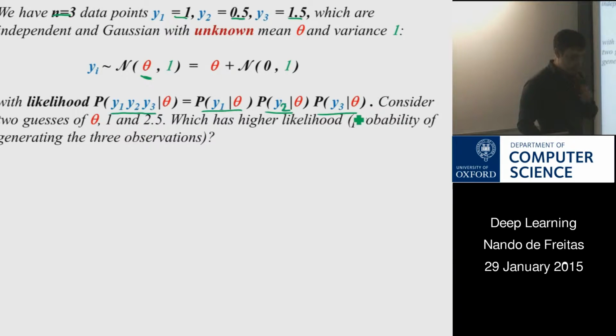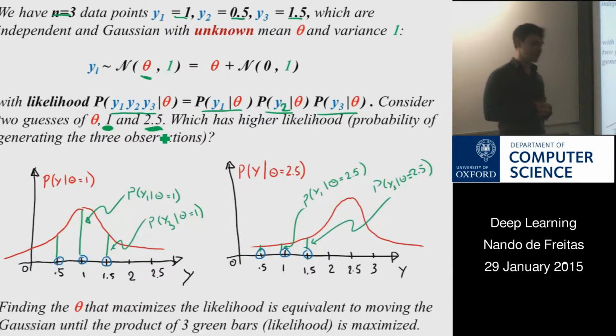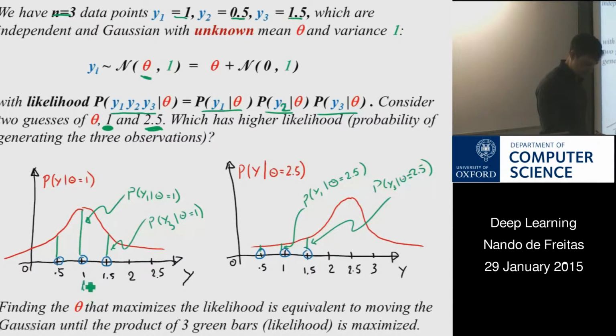And so now let's assume that I tell you there are 2 possible values that theta could have, 2.5 or 1. And then the question is, which one do you think it's more likely to be? Which theta do you think is more likely to be the one that generated the data? Any guesses? 1. Yeah, if you just eyeball the data, 1 seems to be more obvious. The formal way to do this is, if you guess that theta is 1, you would plot a Gaussian that has mean 1 and variance 1.